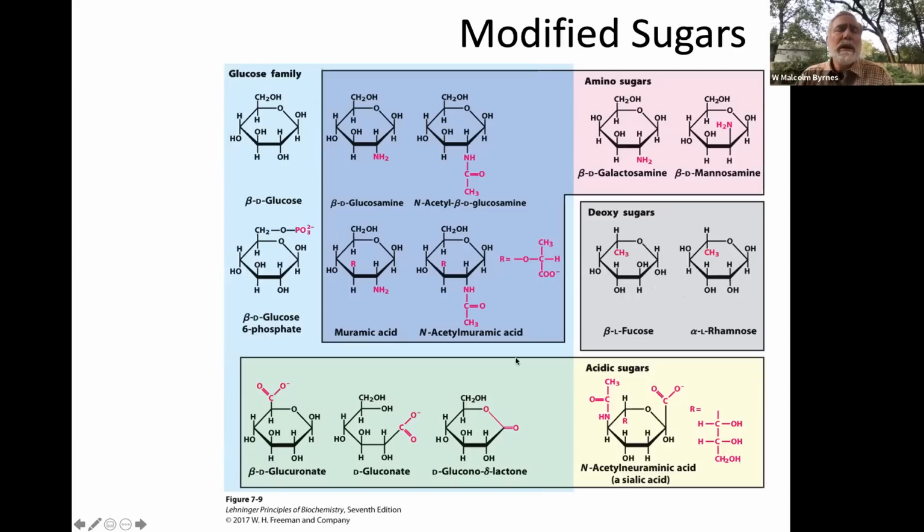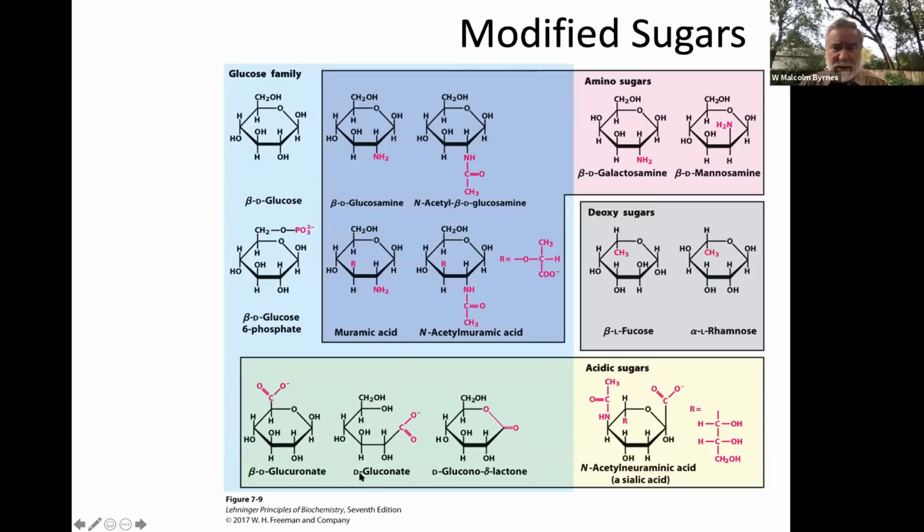And then finally, looking down here, we can consider some acidic sugars. And we have beta-D-glucuronate. It's just a derivative of glucose in which, instead of a CH2OH, there's a carboxylate group there.